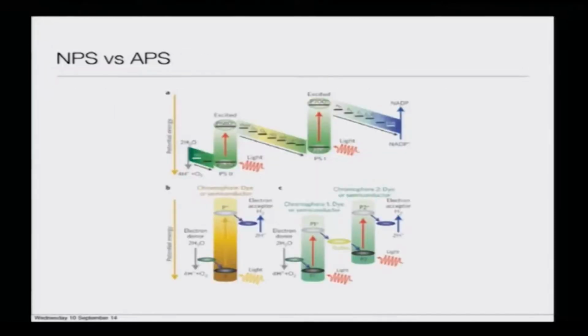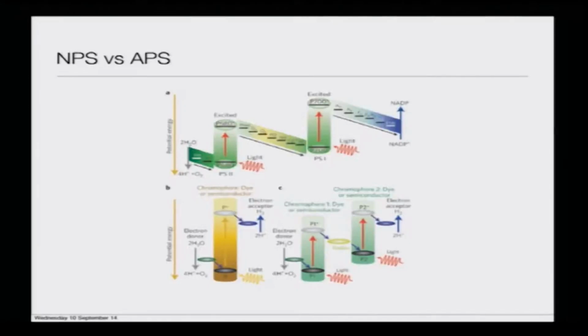Now, let us have a glimpse diagrammatically of what is happening, what the differences between NPS and APS are. The upper picture you see is the NPS, where you see the P680, which is just on top of the water splitting cluster, the manganese cluster shown on the right hand side.